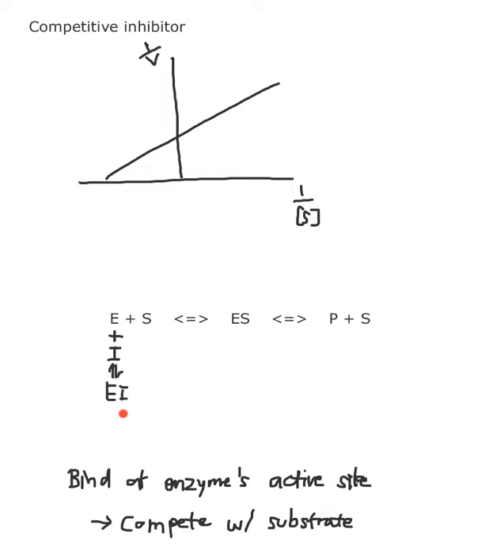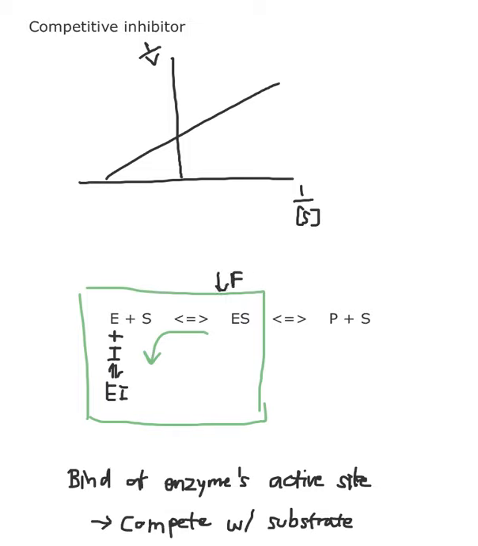So if you look at this situation, what will happen here is that it would pull the equilibrium to the left. That means your ES complex is going to be less, correct? So it would be more difficult to form the ES complex here. So competitive inhibitor would change the Km.